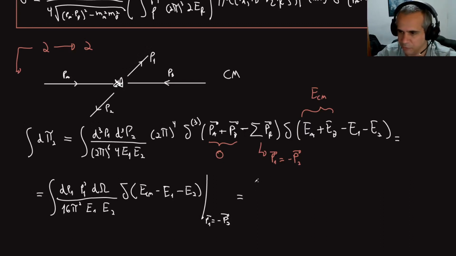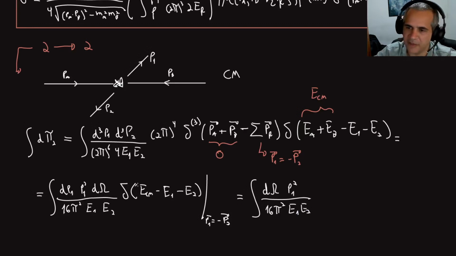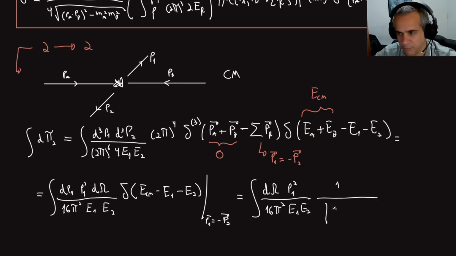That will give me, I won't do it again, d omega p1 squared over 16 pi squared E1 E2, and there's this factor that comes out of the delta, which is very similar to the Moller flux, which is p1 over E1 plus p1 over E2.